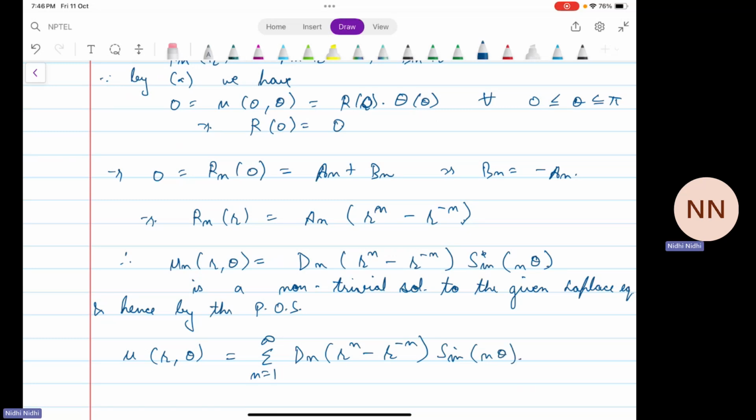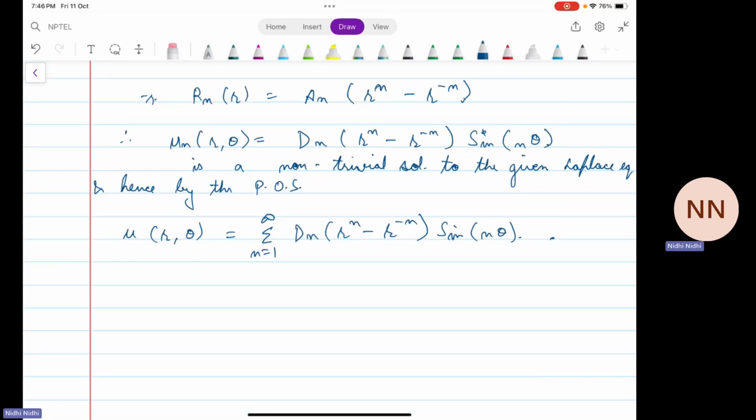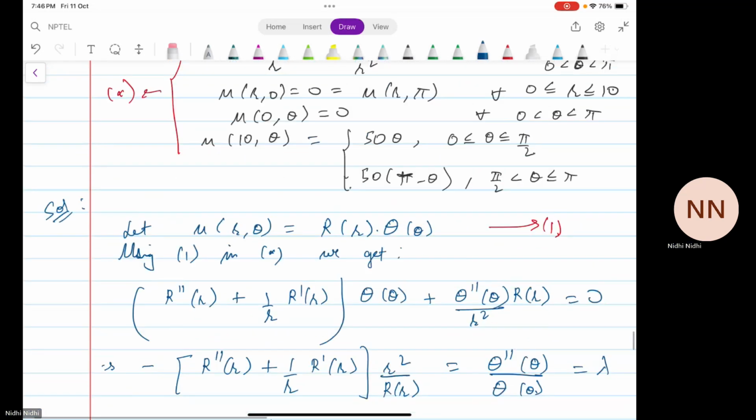So now we had one more boundary condition. Now by star we have g(theta). So did I mark it as function g?